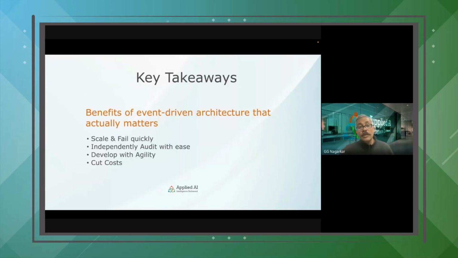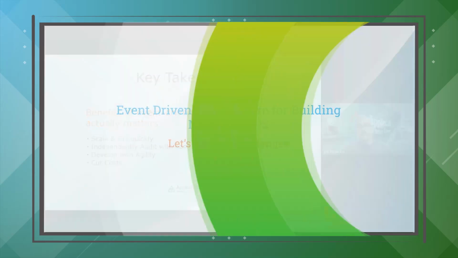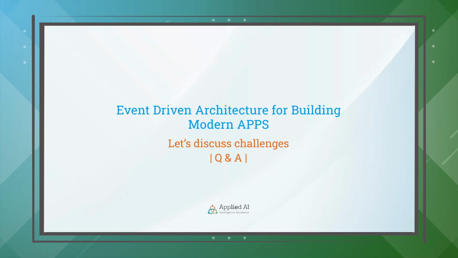You don't have to worry about building new solutions around it. So a lot of time is saved, and you get a good amount of benefit there. Let me pause there.